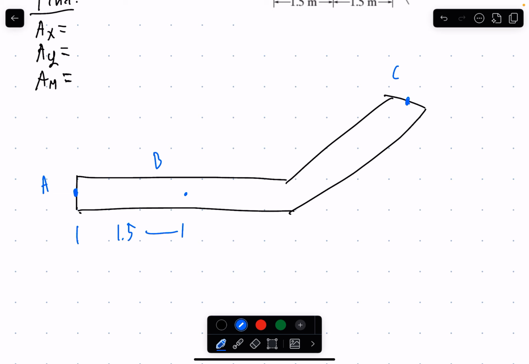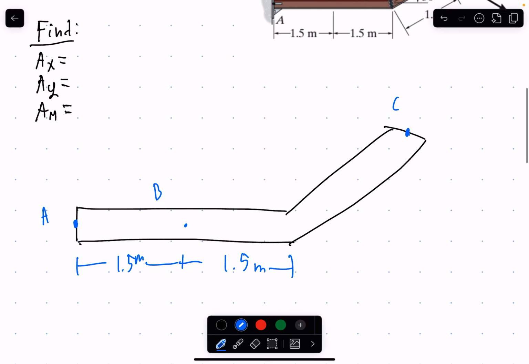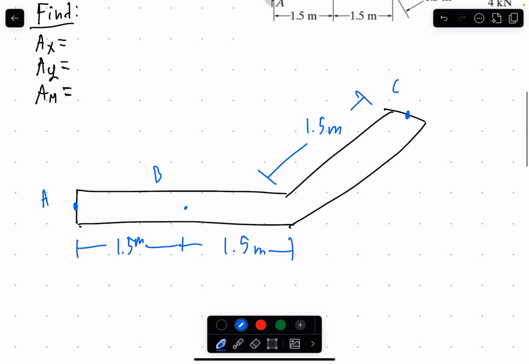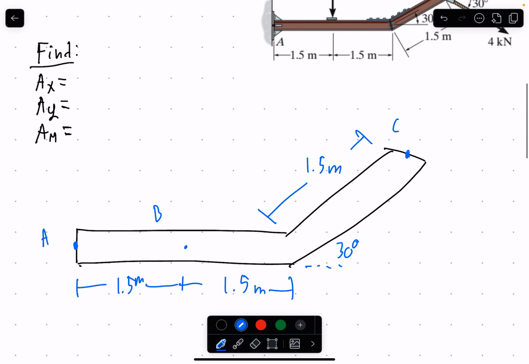And 5 meters. And 30 degrees right here. And 30 degrees here.